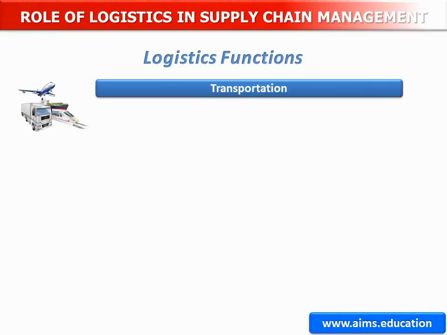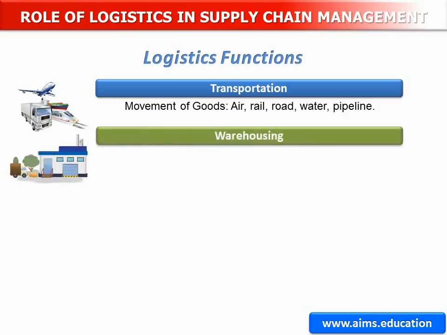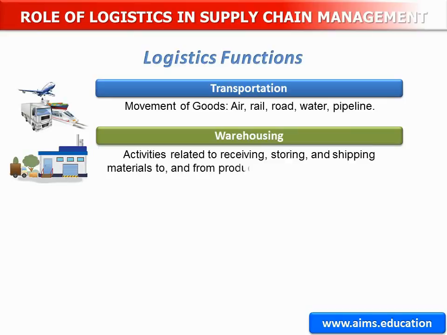Many modes of transportation play a role in the movement of goods through supply chains: air, rail, road, water, pipeline. Warehousing. When inventory is not on the move between locations, it may have to spend some time in a warehouse. Warehousing is the activities related to receiving, storing, and shipping materials to and from production or distribution locations.